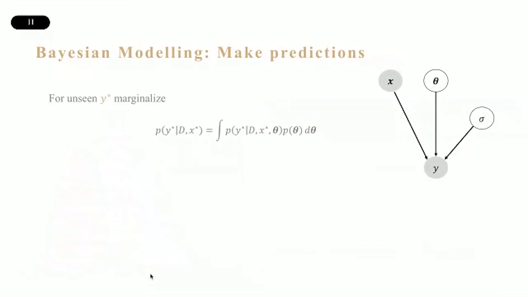By having done so, I'm now also able to make predictions using marginalization. That means, for example, for an unseen data point y, I compute the probability by marginalizing over all the possible values of theta, as you can see here.